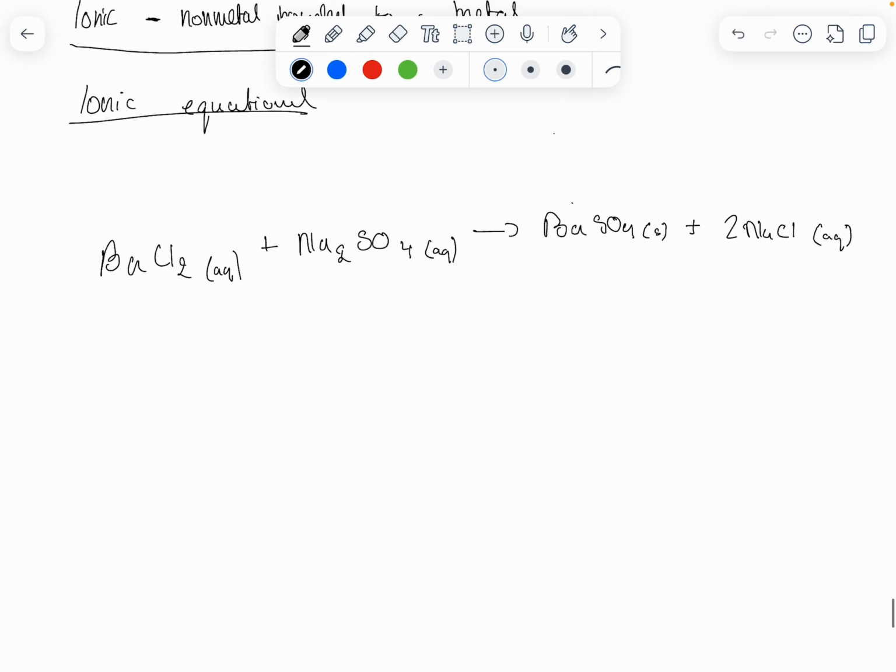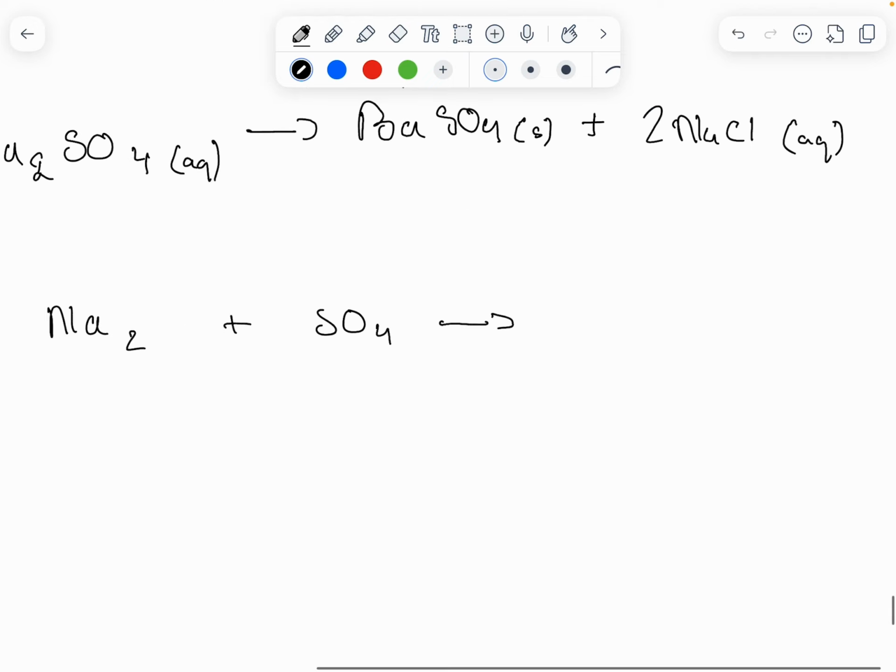Let me show you. This is going to be Ba plus Cl2 plus Na2 plus SO4 equals barium sulfate, which is a solid, henceforth it stays the same.